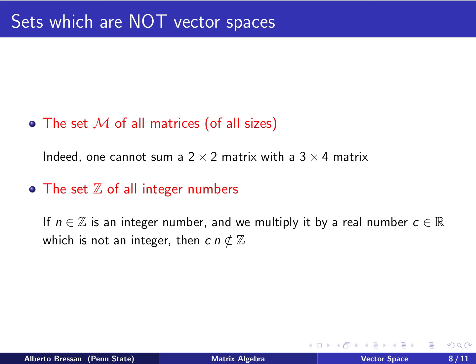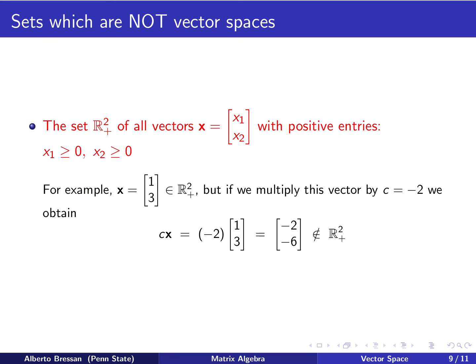So let n be an integer and c a real number. Then c times n does not have to be an integer, right? For example, n is 1 and c is 0.5, and c times n is 0.5, which does not lie in the integer set. So this is not a vector space.